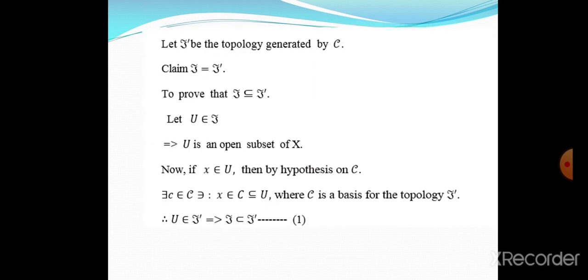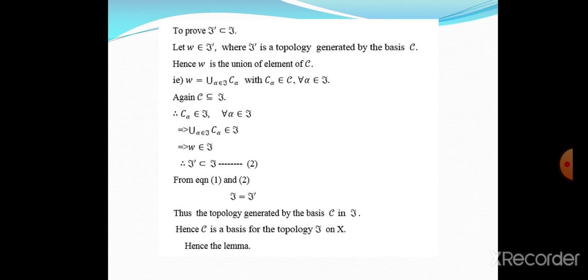In the previous case you took U belongs to tau; here, you take W belongs to tau dash, where tau dash is the topology generated by the basis C. Hence, W is the union of elements of C. That is, W equals union of C alpha, because it is a collection of elements: the union of elements C alpha, which belong to script C for all alpha belongs to J.